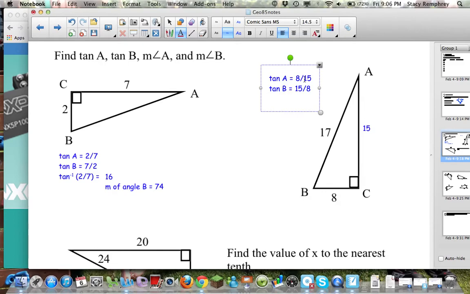To get the measure of angle A, we're going to do the inverse tangent. So again, we'll do tan to the negative 1 of 8/15.